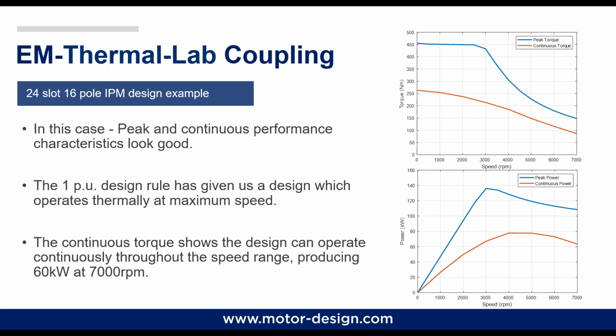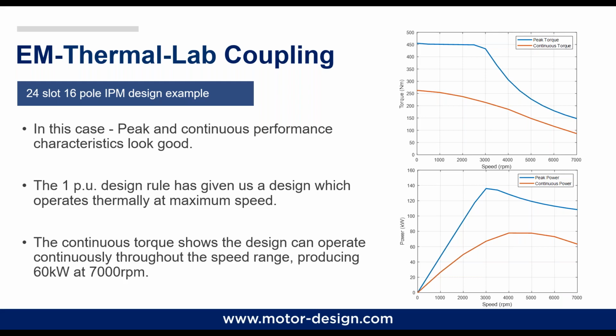And when we calculate this continuous performance, actually, they look pretty good. And the 1 per unit design rule, in this case, has worked well. And it is giving us a design that operates firmly at the maximum speed. So we can see here that at the maximum speed, we got pretty much 80 Newton meter. We can deliver pretty much 60 kilowatts.